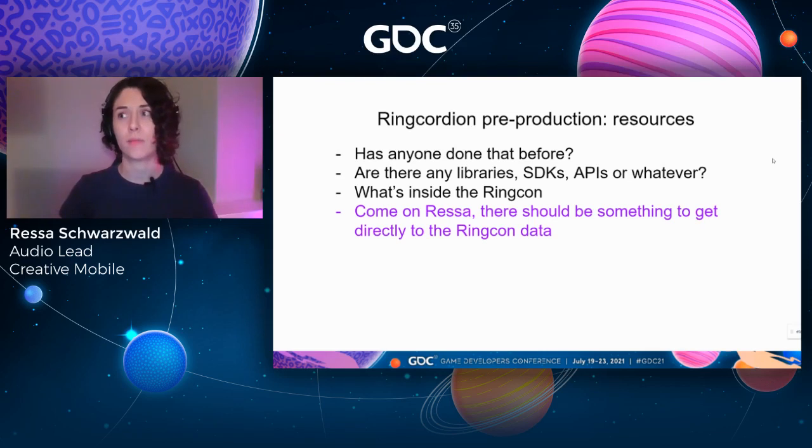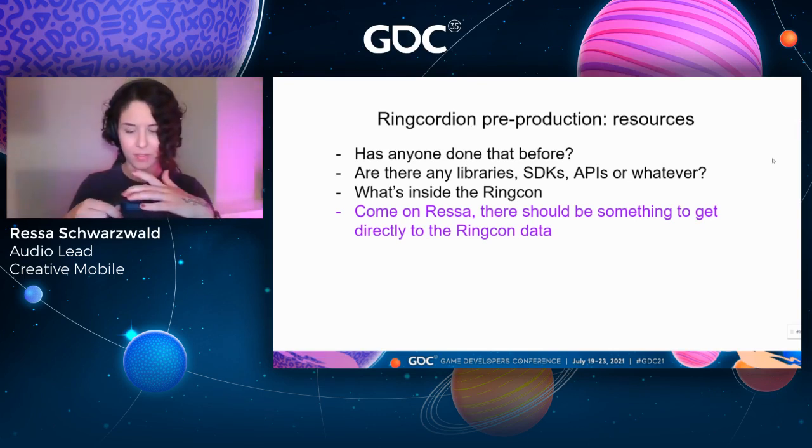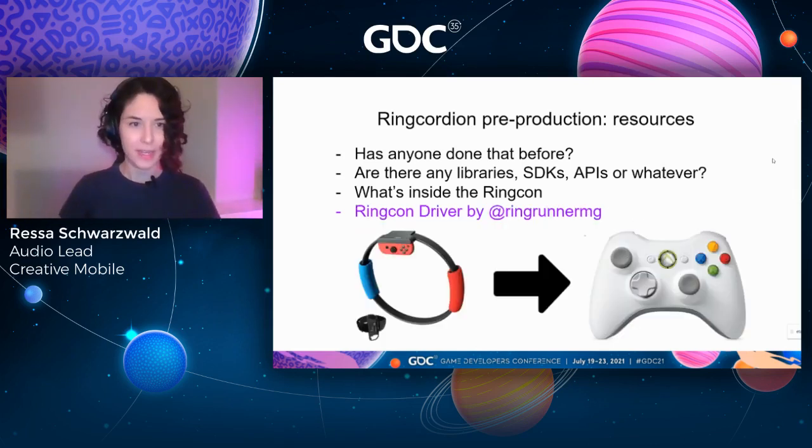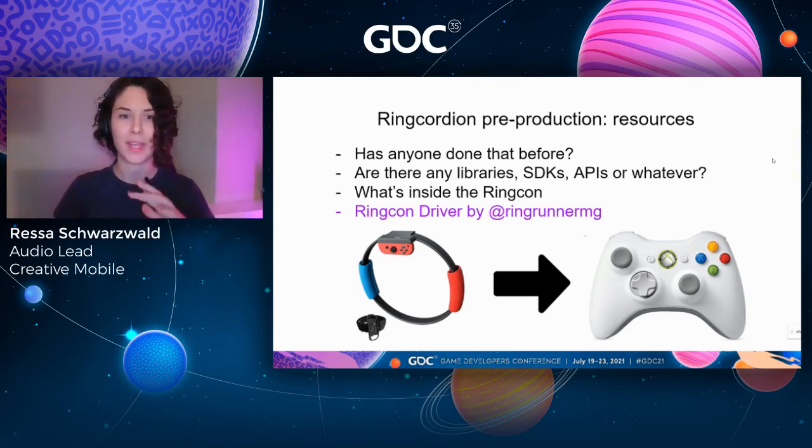Yeah, somewhere at this moment I thought, come on, there should be something to get directly to the Ring-Con data, because the flex sensor is here, but I cannot get this data at all. Luckily, I found the Ring-Con driver by RunnerMG, which emulated the Ring-Con as if it was an Xbox controller.